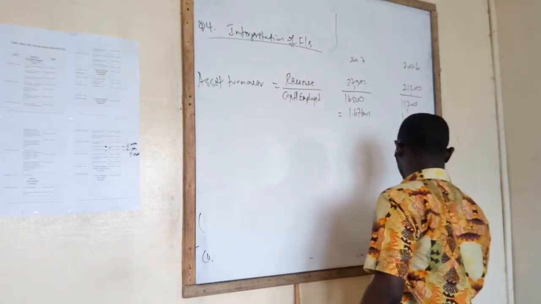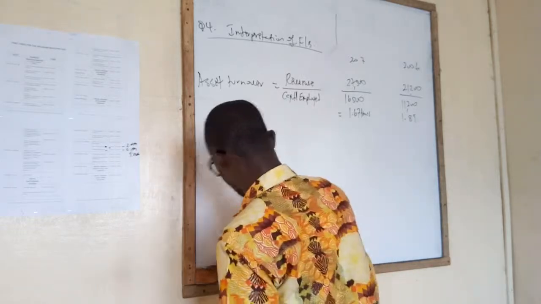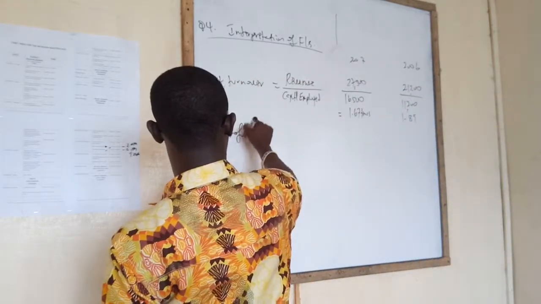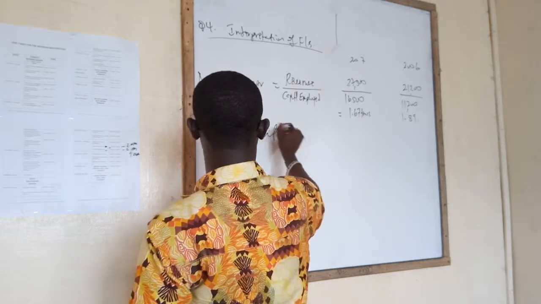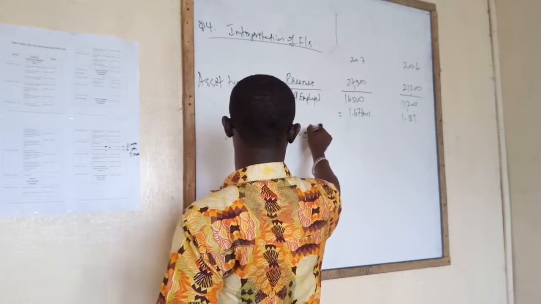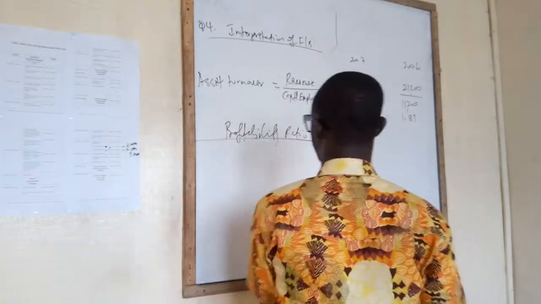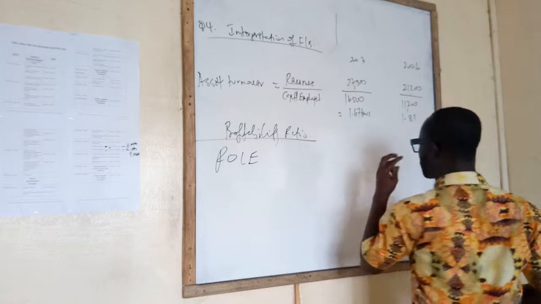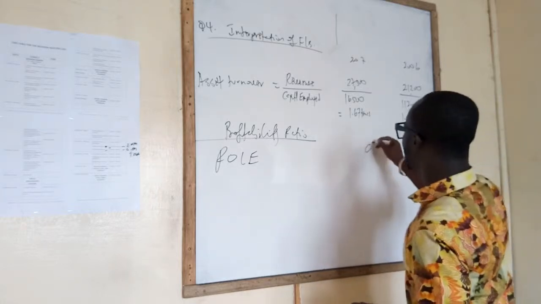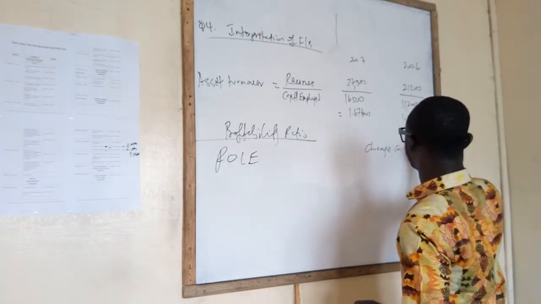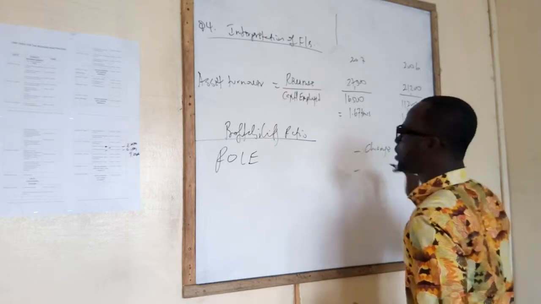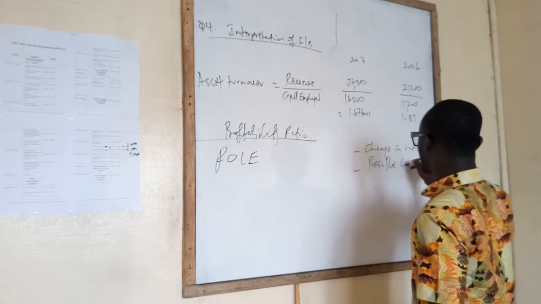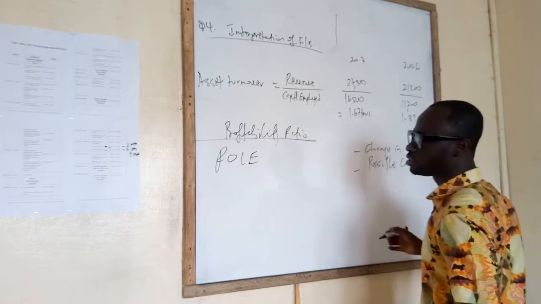Let's look at the profitability ratios. What do we see in ROSI? How did I say you interpret? These are the principles. Number one, tell us about the change in the ratio. Number two, tell us the possible causes of the change.